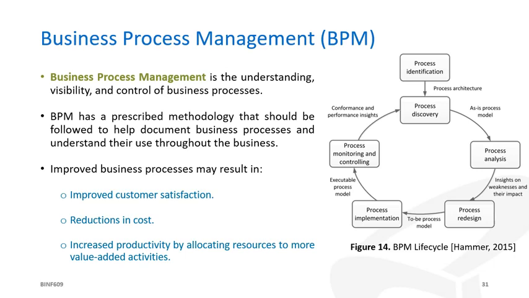Business process managers can use different process improvement techniques to optimize the process. The impact of an improved business process can be realized in many ways, including improved customer satisfaction, reduction in costs, and increased productivity by allocating resources to more value-added activities.